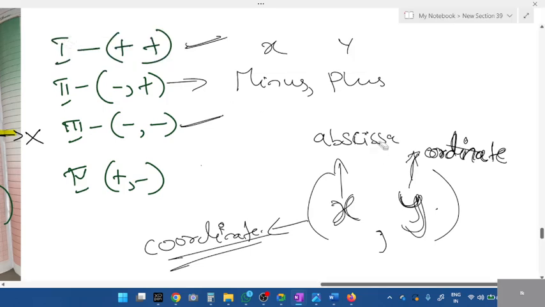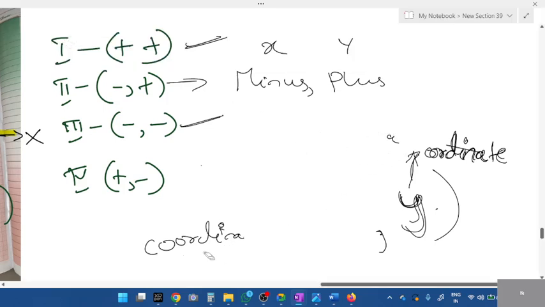So that part is done. Origin is done. Coordinate is done. Quadrant is done.